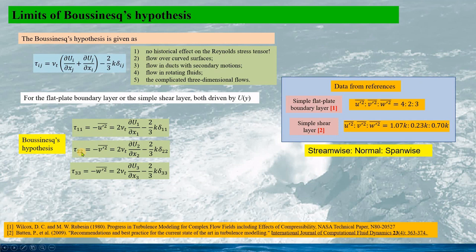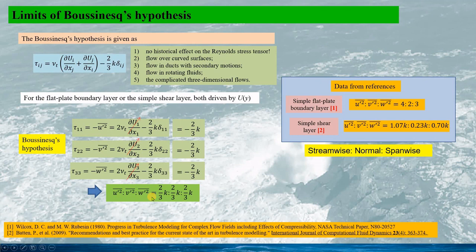based on the assumption that the mean flow capital U only depends on y. So all these mean flow velocity gradients are 0. Therefore, we have all these Reynolds stress components as this.